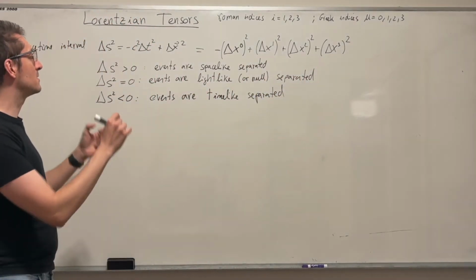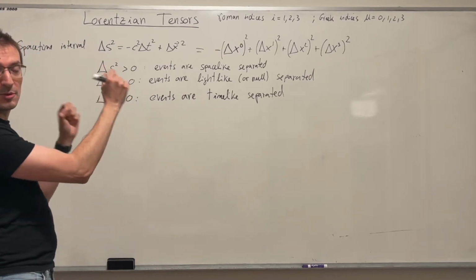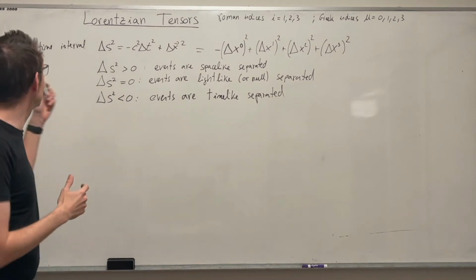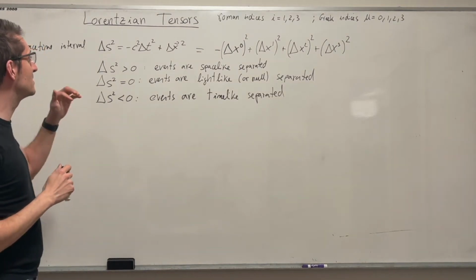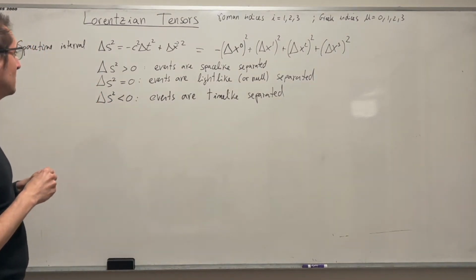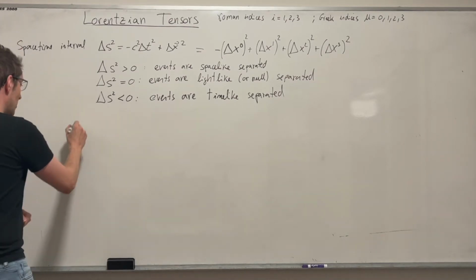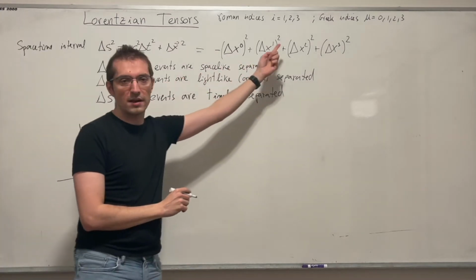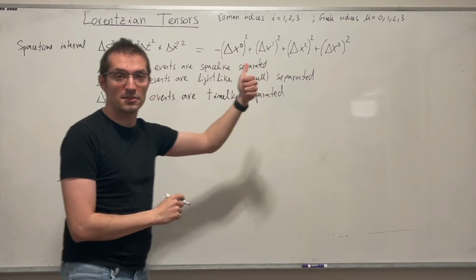That allows us to classify relationships between pairs of events according to the signature of the space-time interval between them. Let's consider a one-dimensional case, 1 plus 1 dimensional, with one dimension of time and one of space.